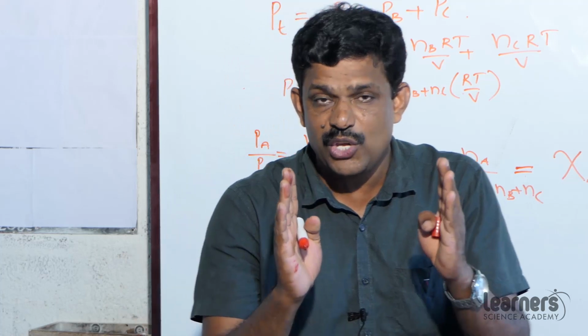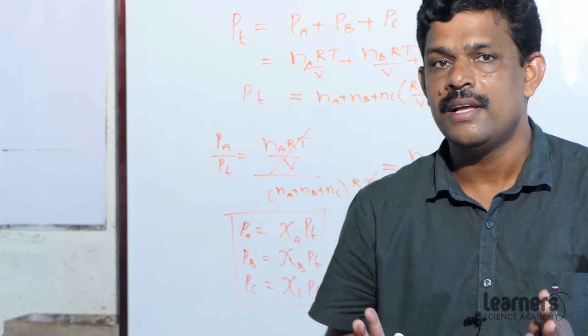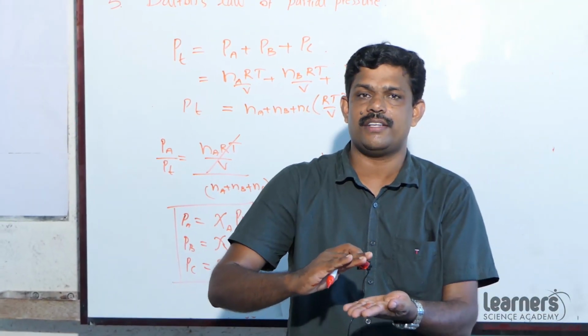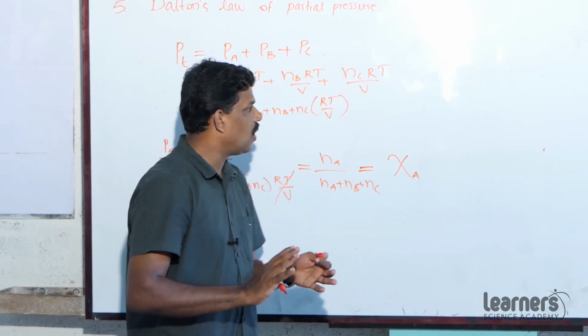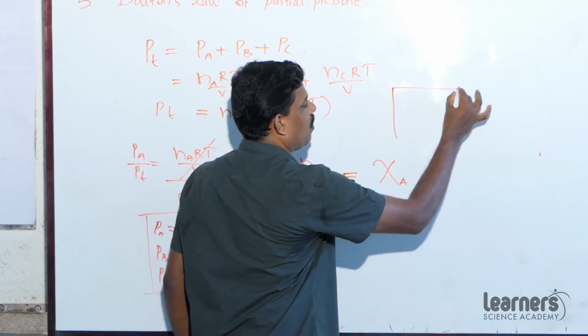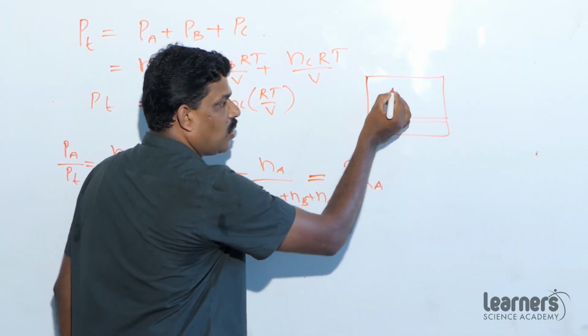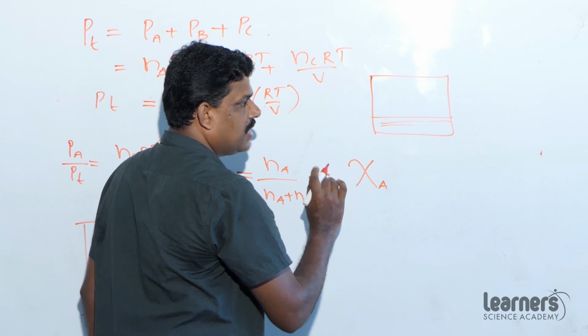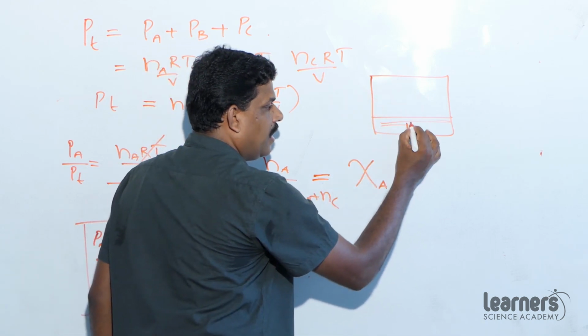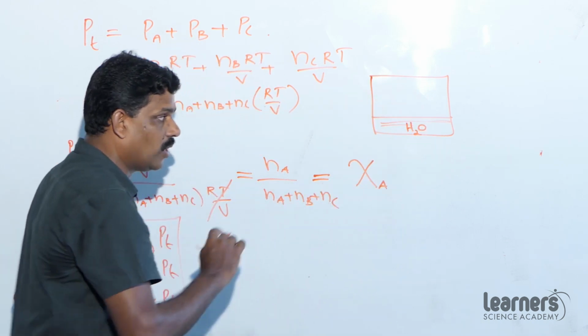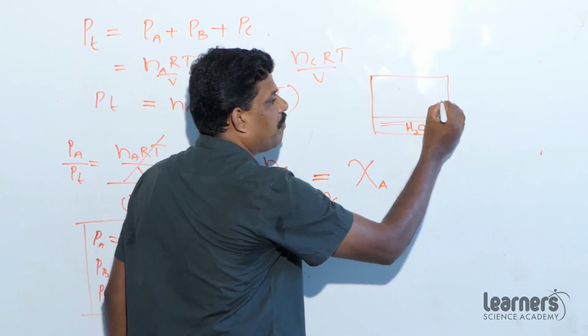Here one more thing you have to remember is that a gas is always collected over water. If you collect a gas here, it is always in with water, so there will be a water pressure.